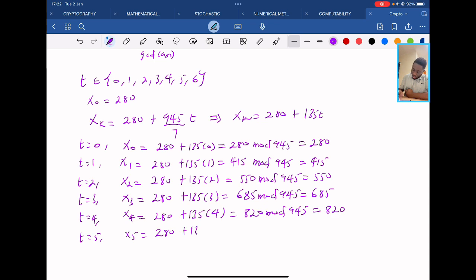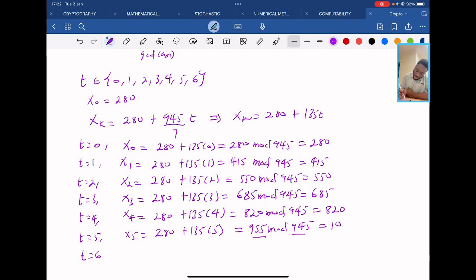Now when t is equal to 5, 280 plus 135 times 5, and that is equal to 955 modulo 945, and that is equal to 10. Note, this value over here is bigger than this. So if you find the modulo, the remainder, 945 will go into 955 once, remainder 10.